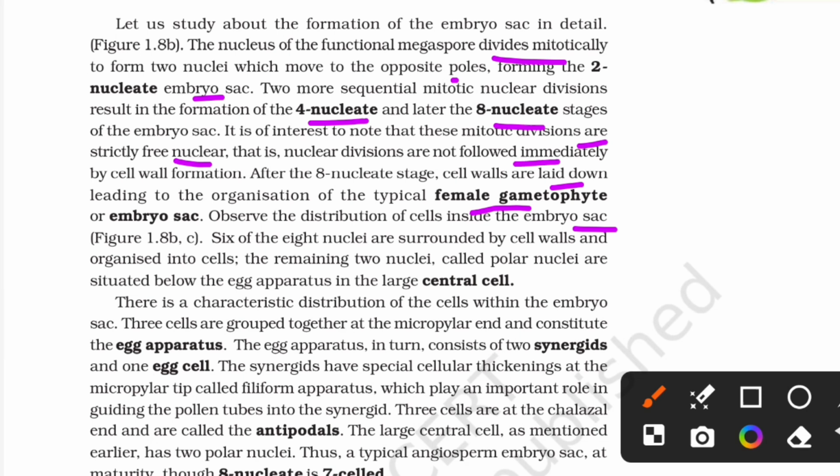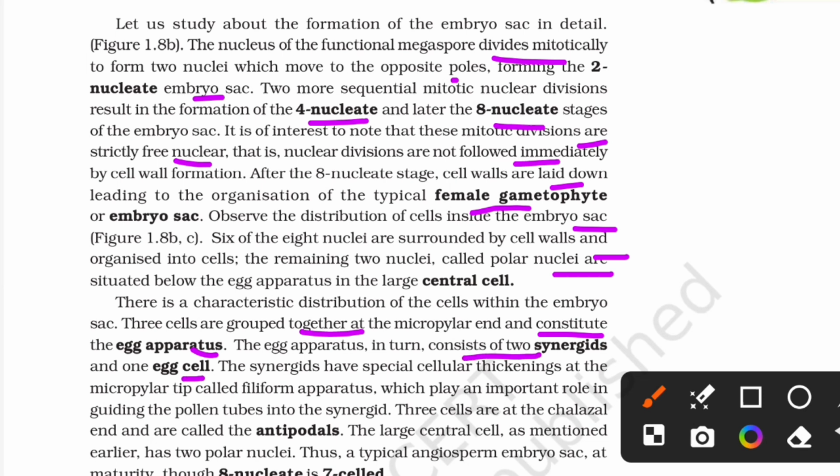Observe the distribution of cells inside the embryo sac. 6 of the 8 nuclei are surrounded by cell walls and organized into cells. The remaining 2 nuclei, called polar nuclei, are situated below the egg apparatus in the large central cell. There is a characteristic distribution of cells within the embryo sac. 3 cells are grouped together at the micropylar end and constitute the egg apparatus. The egg apparatus consists of 2 synergids and 1 egg cell.